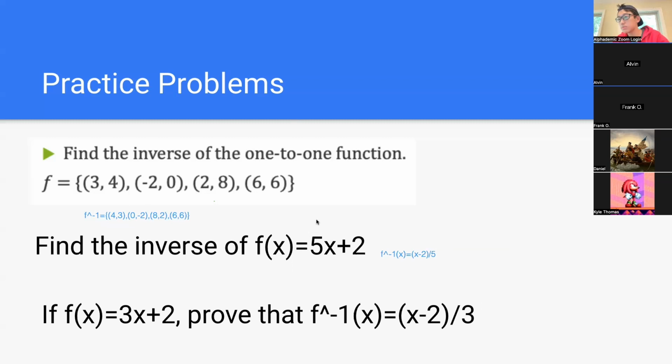And lastly, to prove it, you can f of f inverse of x, or you can do it the other way, f inverse of f. You can prove it either way.